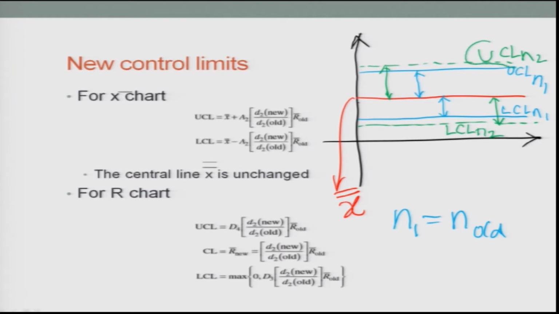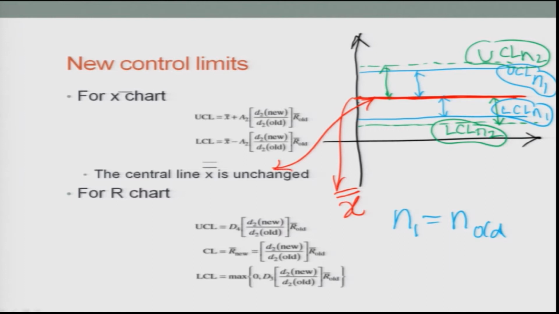So, this would go along with this, and this would go along with this. But the important fact remains, the central line which you have is this one, it remains the same as mentioned here.